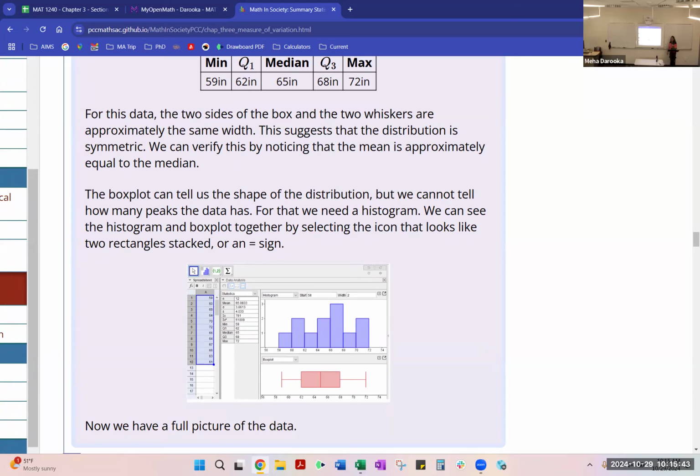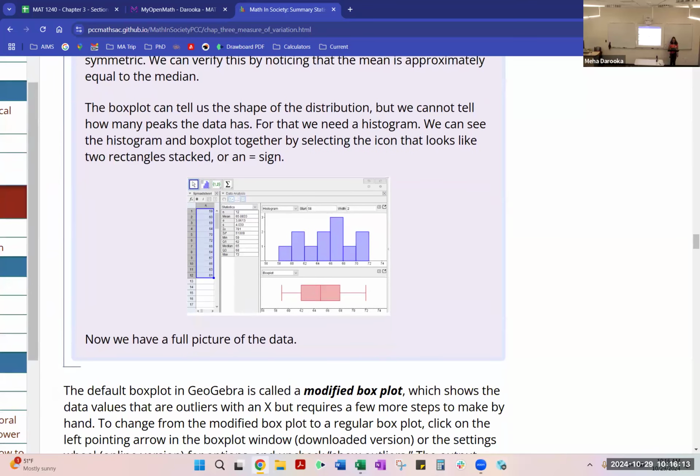And remember, that is because the box plot is not affected by the outliers, especially the box in the center, because that's just going from quartile 1 to quartile 3. Now, the whiskers or the arms will be affected by the outliers because we take the maximum and minimum values into consideration. Histogram, of course, takes the entire data set into consideration. So you will see a little bit of that pull, the skewness happening.